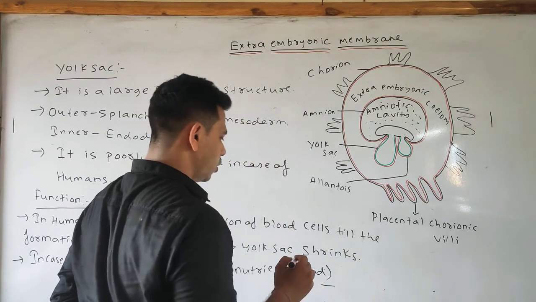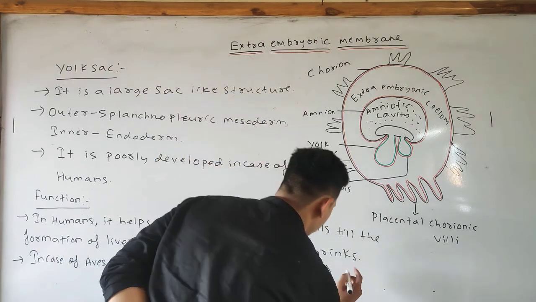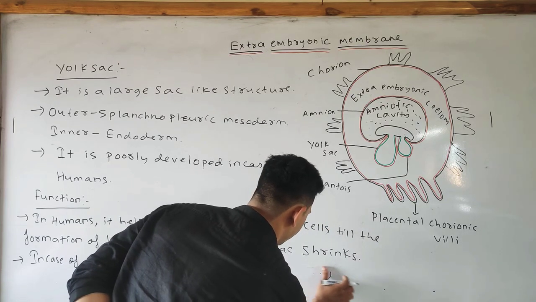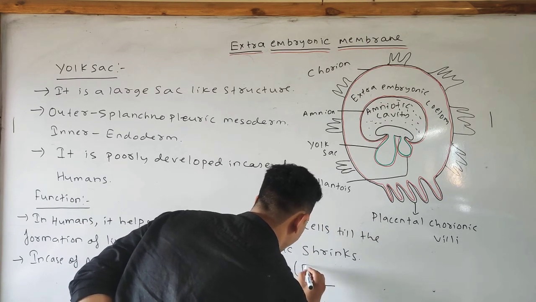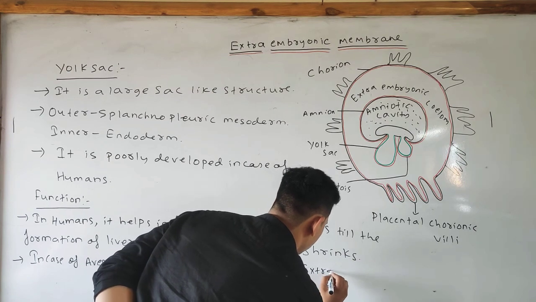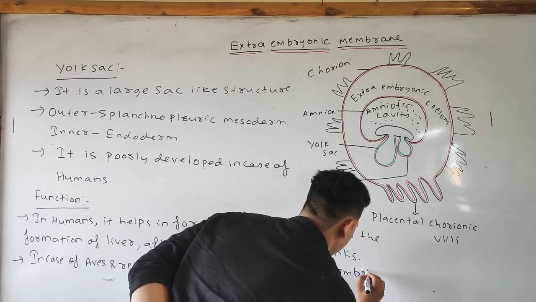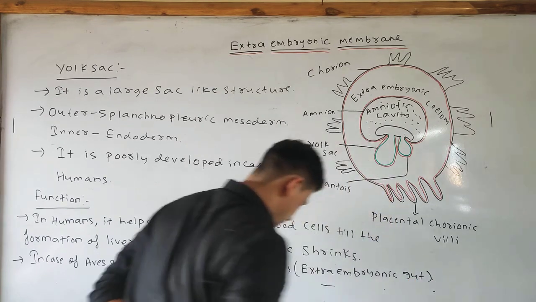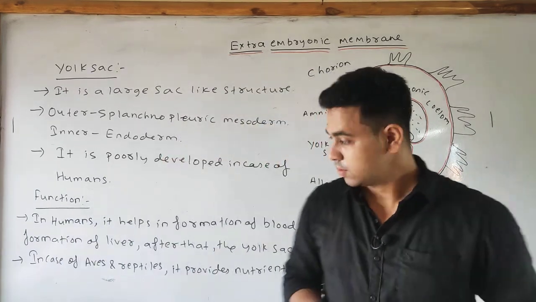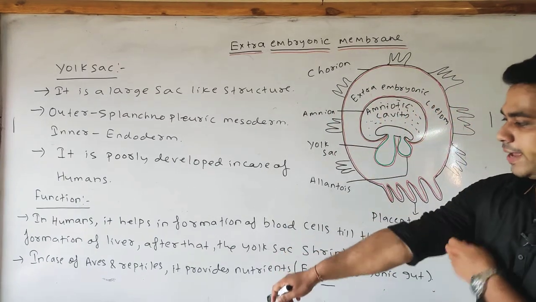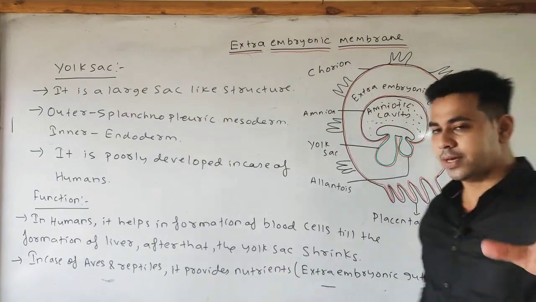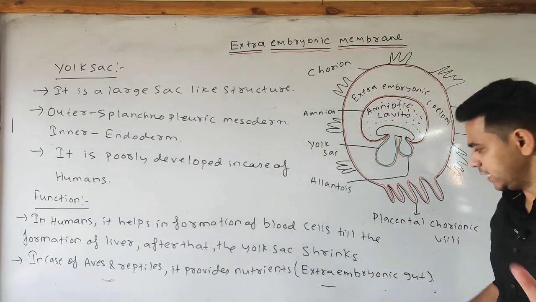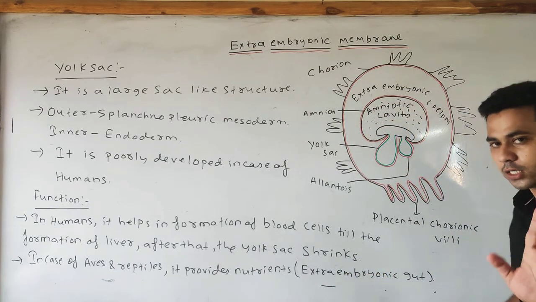That is why it is also called extra embryonic gut. In case of apes and reptiles, it plays the major role as it provides nutrients, or we can say food. That is why it is also called the extra embryonic gut.